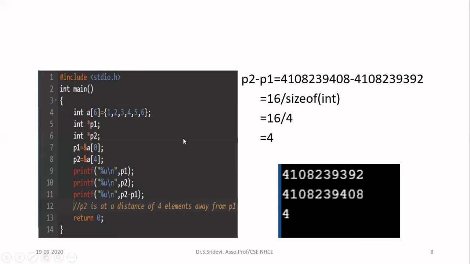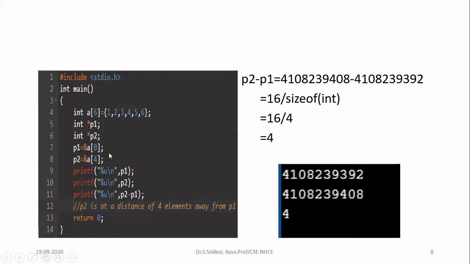Now let us see one example to understand how we can subtract pointers if they are pointing to the same array. I have an array A with 6 elements. I am declaring 2 pointers, P1 and P2, and I make P1 point to A[0]. That means P1 will now be pointing to this one. Then P2 will be pointing to A[4], so P2 will now point to this 5.